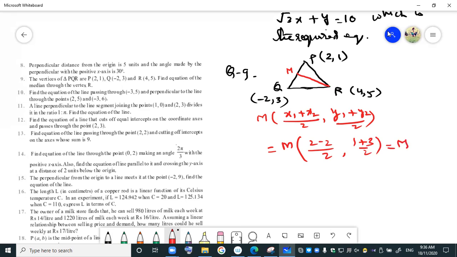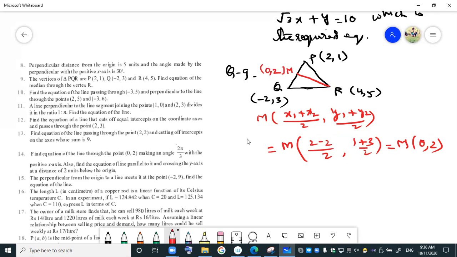So the coordinates of M will be 0 and 3 plus 1, 4 divided by 2, so 2. Now find the equation of MR. We have to find the equation of MR by using which formula? The two-point formula, x1, y1, x2, y2. Now we know the points of M.